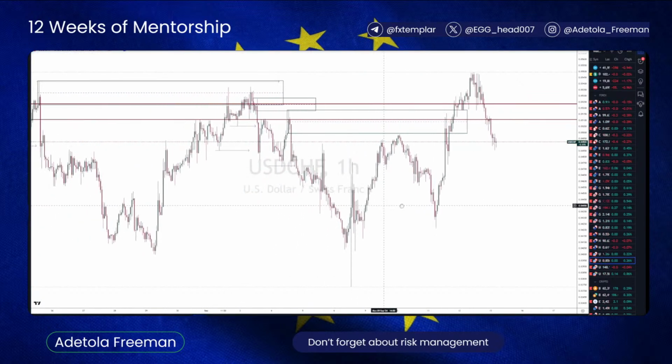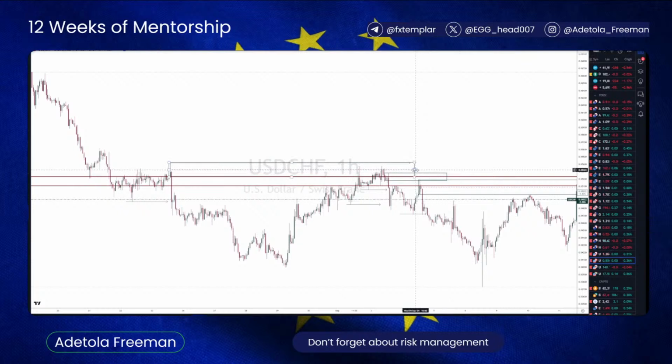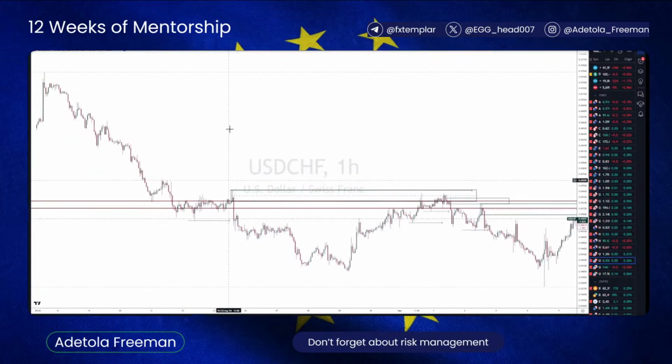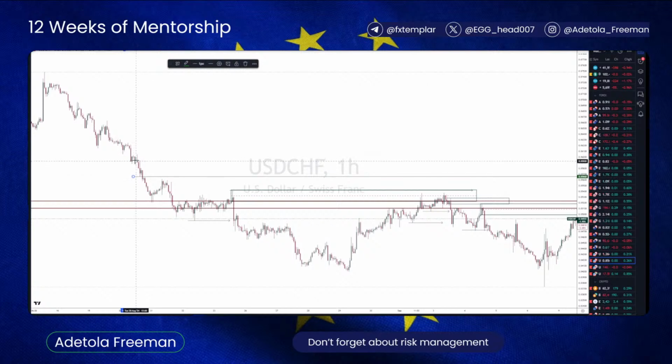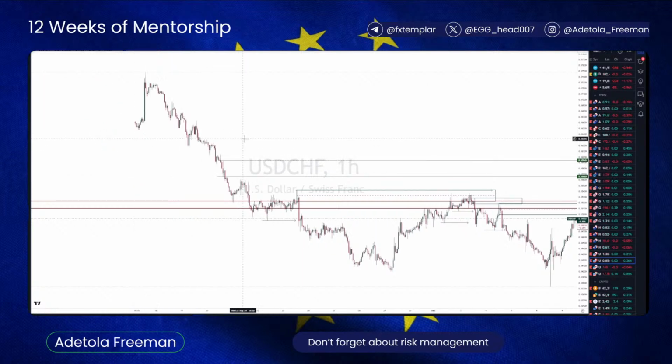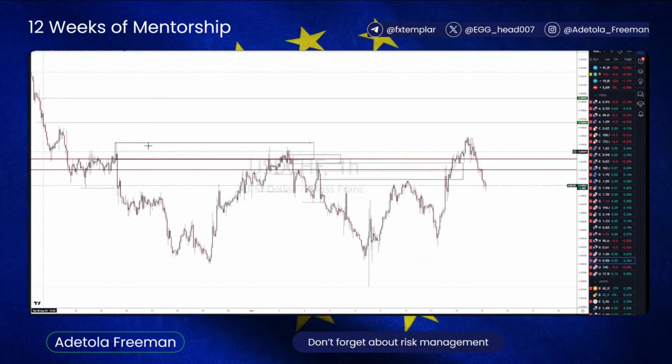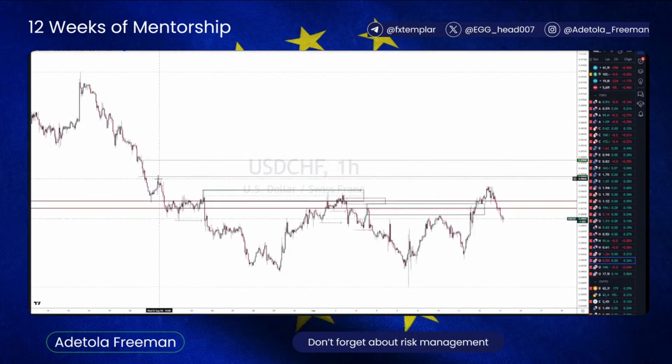Now, because it was invalidated, these other ones have already been retested before. So what do we do? We come again and look for another supply zone from this area that price might be targeting. This other block is one supply zone.